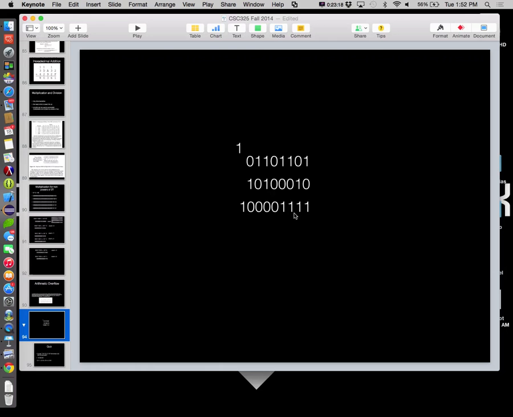So this is 15. 256 plus 15 is 271. So if we convert this back to decimal, this is 271. What's the range of values that could fit into an unsigned 8-bit number? Zero to 255.